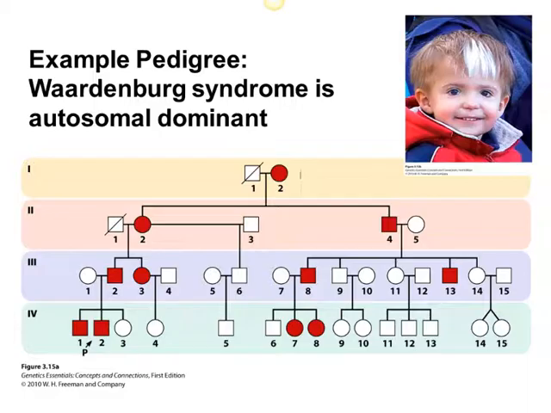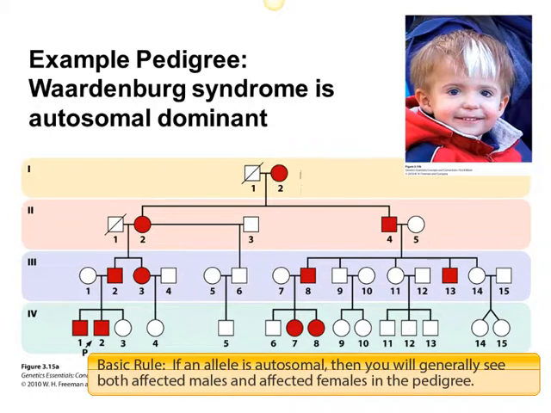Now, the way you know it's autosomal, or the way you feel 99% sure anyway, is that if you look at the individuals who are affected, just the shaded ones, if they're all male, that's going to lead you to think it's sex-linked. But if you have some males and some females, then you want to go ahead and assume it's autosomal.